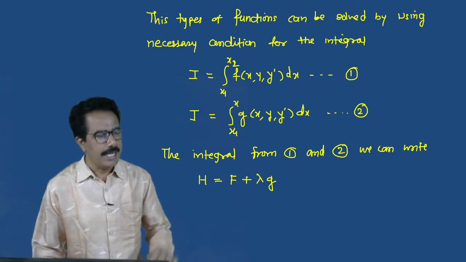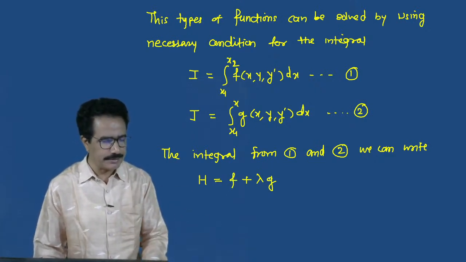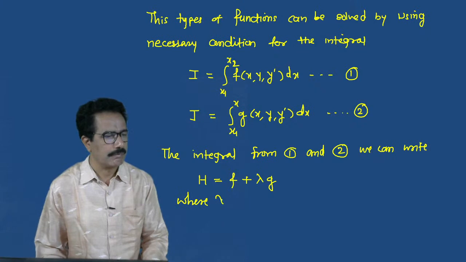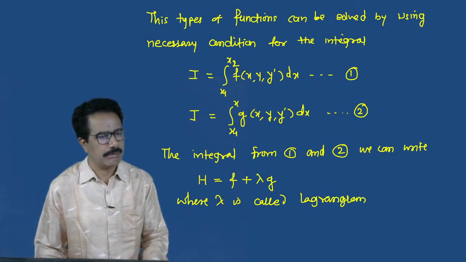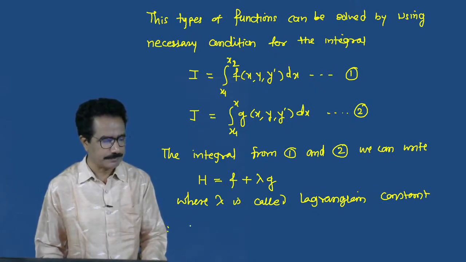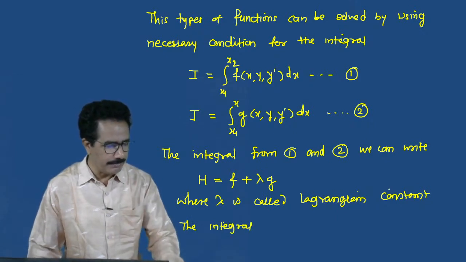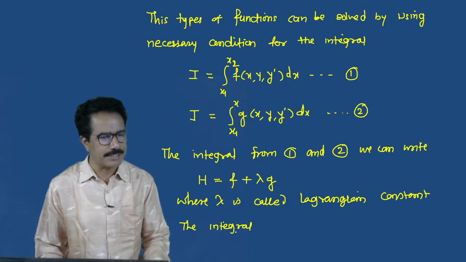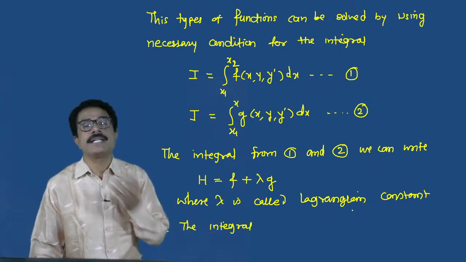We consider another function, that is f plus lambda g, where lambda is a constant, called the Lagrangian multiplier, or Lagrangian constant of multiplier. You can write Lagrangian multiplier also.